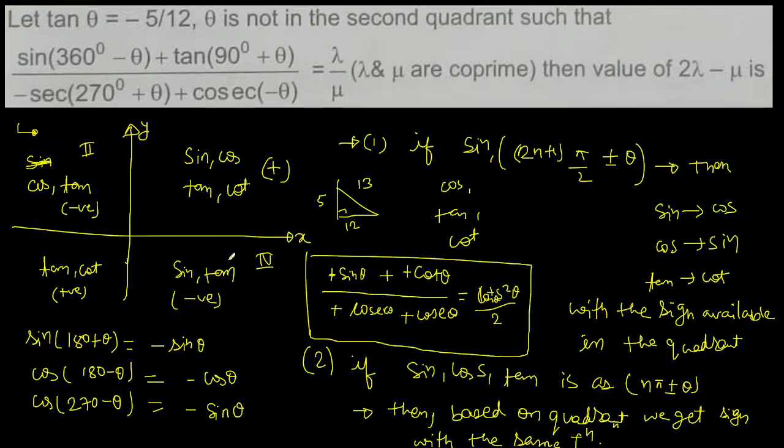So in fourth quadrant, cos is positive, so sine is minus 12 by 13. So here we have sine square theta, which is minus 12 by 13 whole square, and cos theta is 5 by 13, 12 by 13 whole square by 2. Okay, so this is how we solve it.